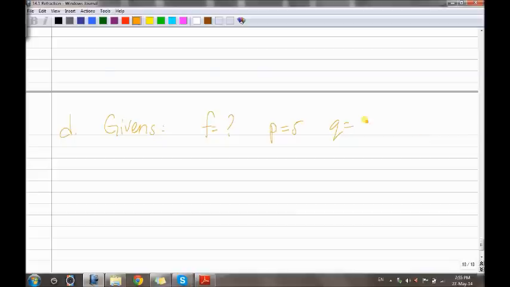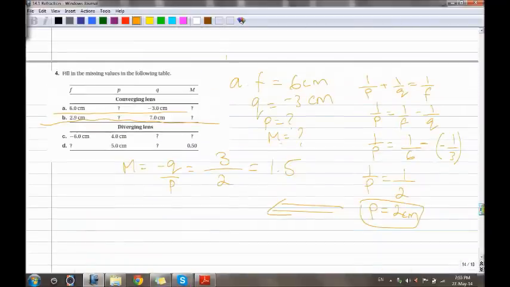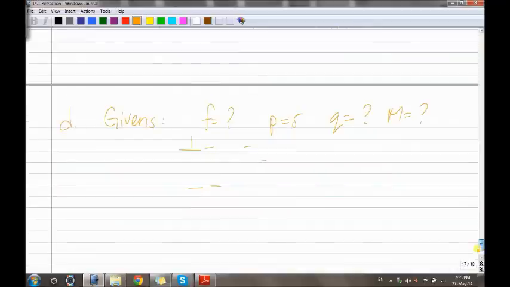We have to find the Q, and then we have to find the M. So now let's use this formula. 1 over P plus 1 over Q equals 1 over F. So 1 over P is 1 over 5 plus, sorry, wait, check the givens again. Sorry, the magnification is given already. Magnification is 0.50. So now let's go back to the equation of the M, which is negative Q over P.